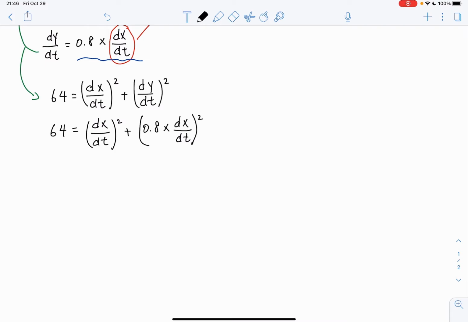So now we just have to solve this equation to get dx over dt.